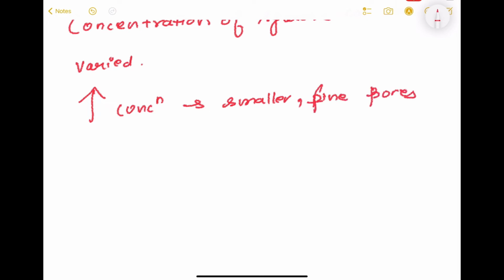But if you are taking a lesser concentration of agarose gel, then you will get a larger pore size. It all depends upon what kind of DNA and from what species you have isolated the DNA and are studying.